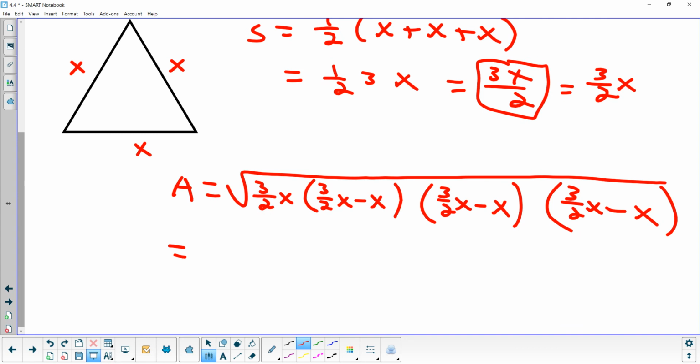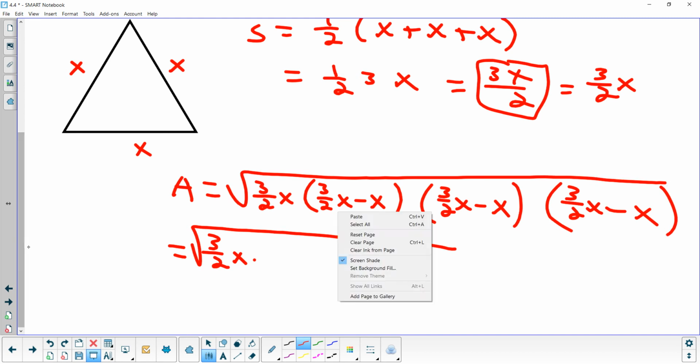Now, just to think about it in your head, what's 3 over 2 as a decimal? 1.5. So every one of these in parentheses says 1.5x minus 1x. What's 1.5x take away 1x?